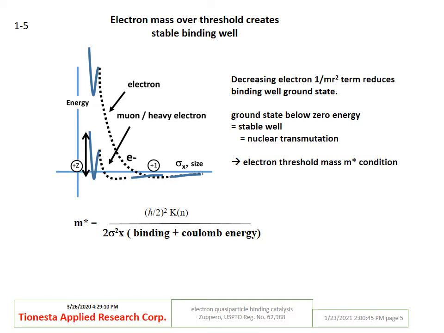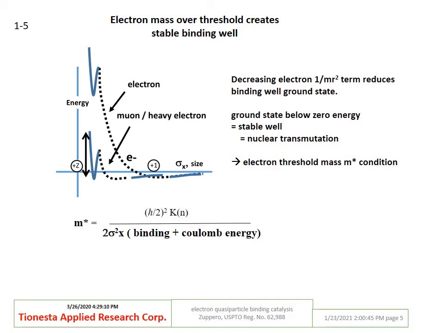But if the electron mass is high enough, the quantum kinetic energy of confinement drops to less than the attractive binding and attractive Coulomb energy, the sum of the two, and the ground state dips to just below zero and becomes stable, forming a double potential well system.